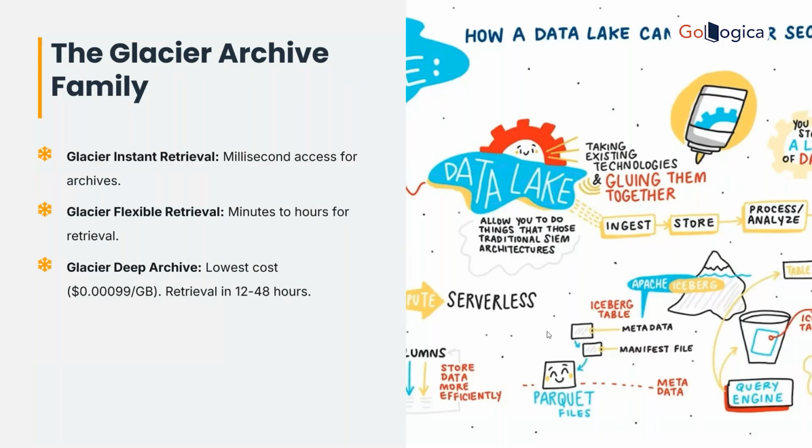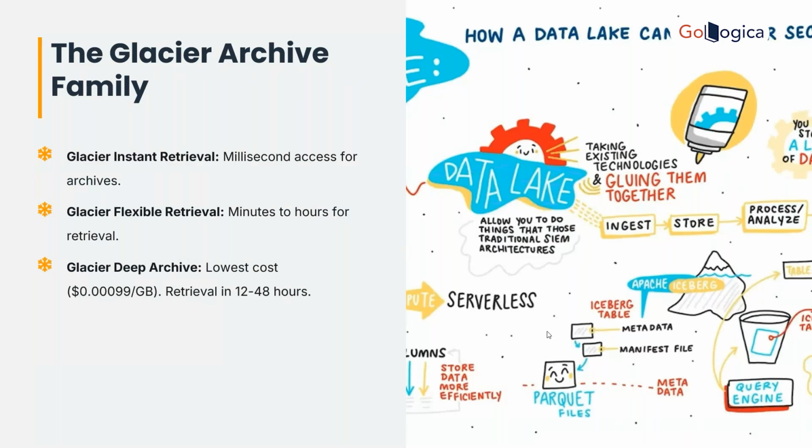Here a single object can be up to 40 terabytes, whereas in the standard classes it is 5 terabytes for a single object. For Glacier, it goes up to 40 terabytes for a single archive in S3.